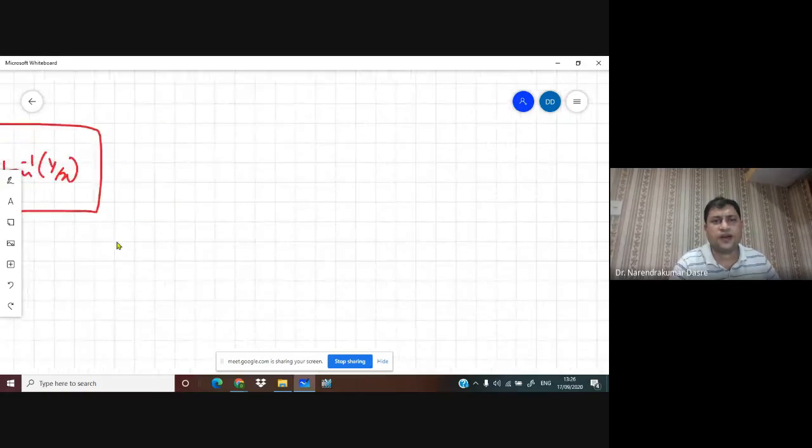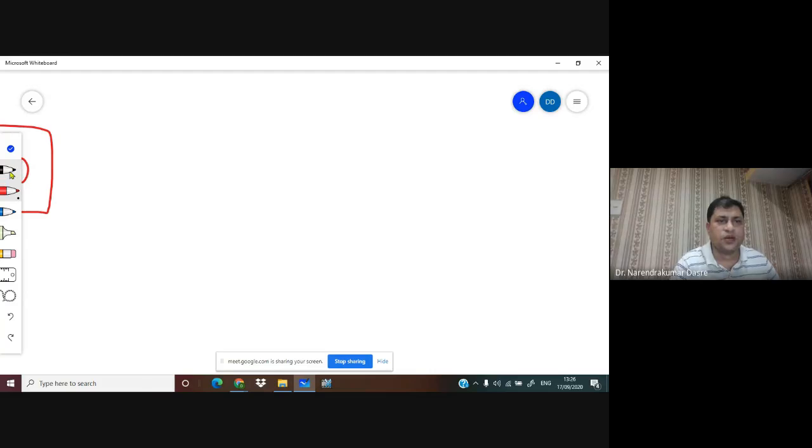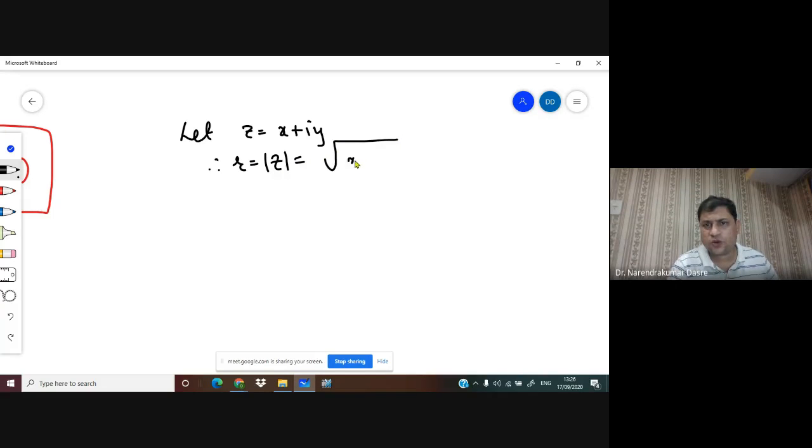Let us solve it here. What we have to find out is log of z. Let z is equal to x plus iy. So r is equal to mod z, which is square root of x square plus y square, and theta is equal to the argument of z, which is tan inverse of y by x.